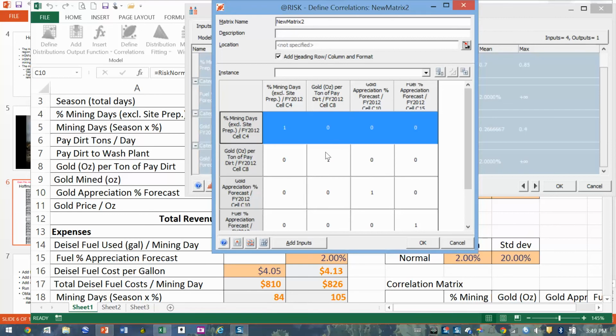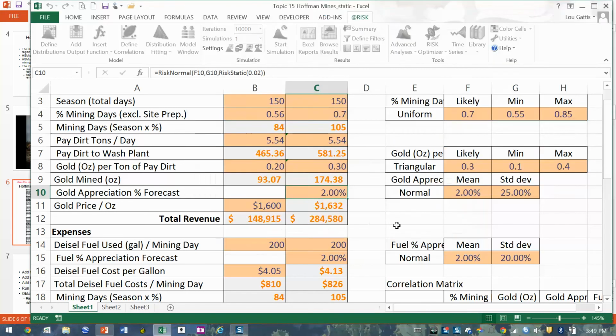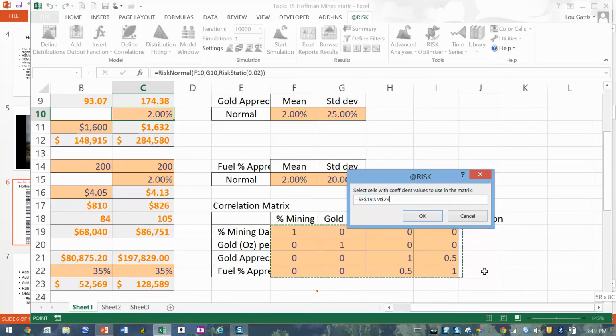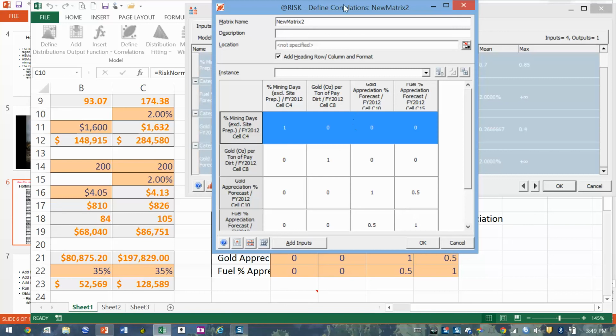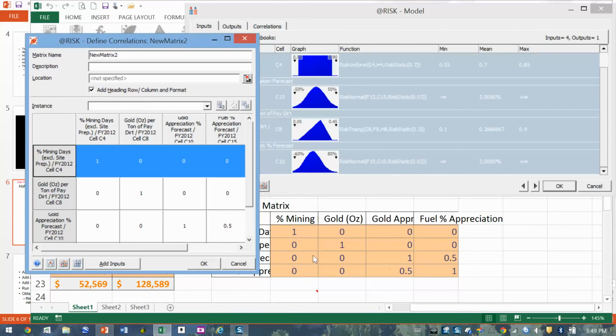And then I'll do another right click. Copy coefficients from Excel. I'll copy the values here, just the values, not the labels. So now it looks like my correlation matrix is in at-risk and looks the same as this one over here.